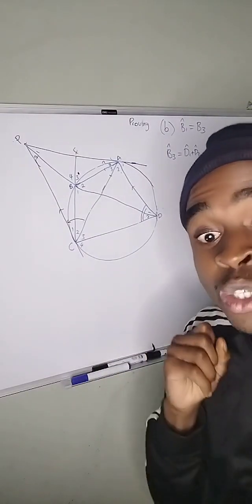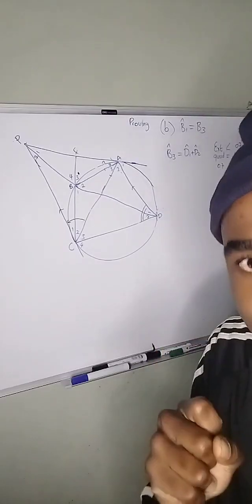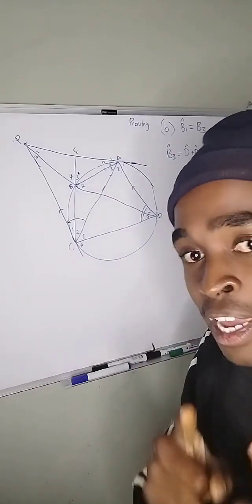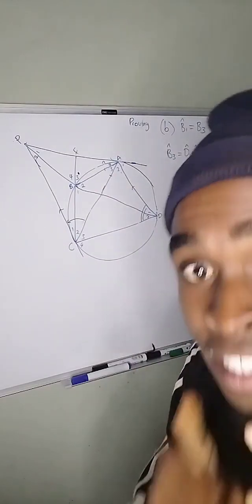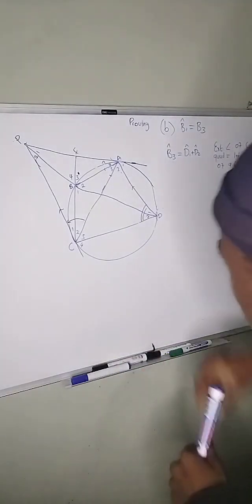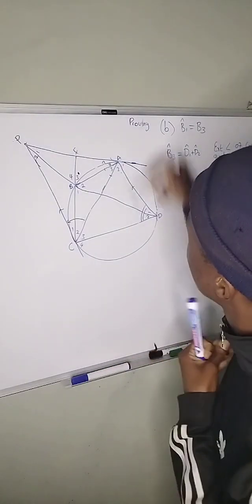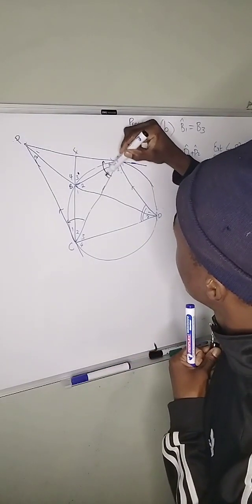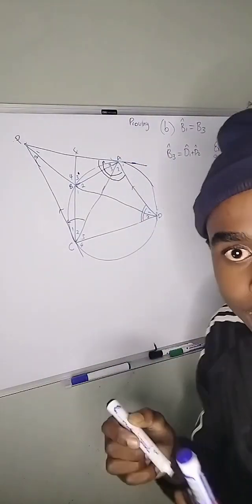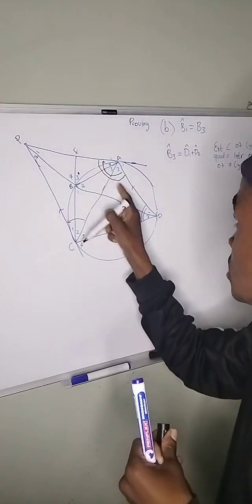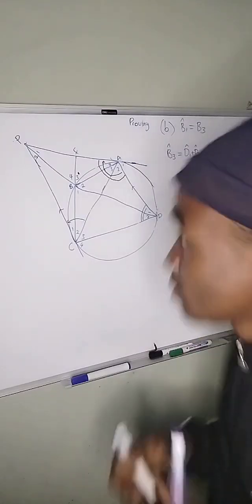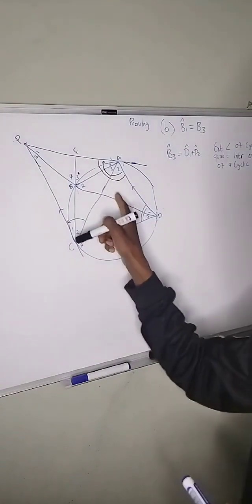So let's focus on D1. Last time we proved that this one is going to be equal to this one, that these two bisected each other. Let me highlight them like that. I think we are going to need that information.